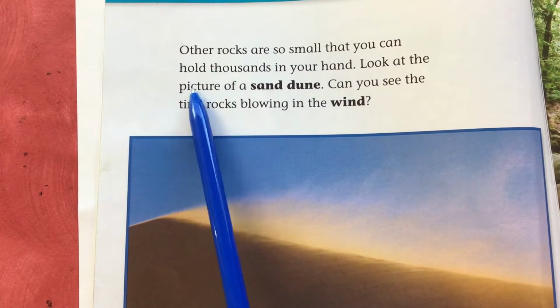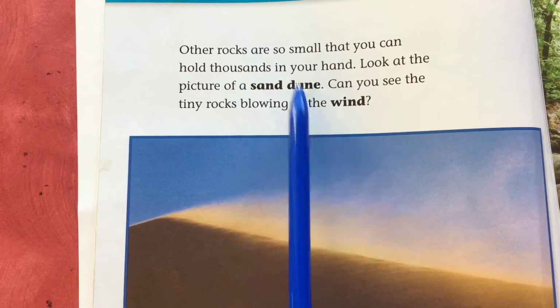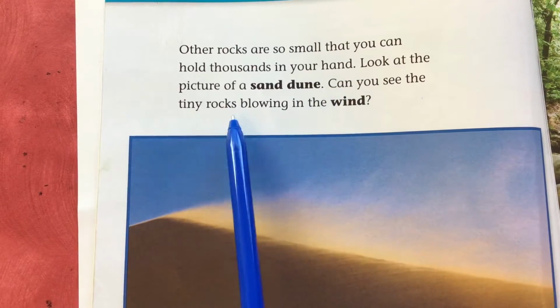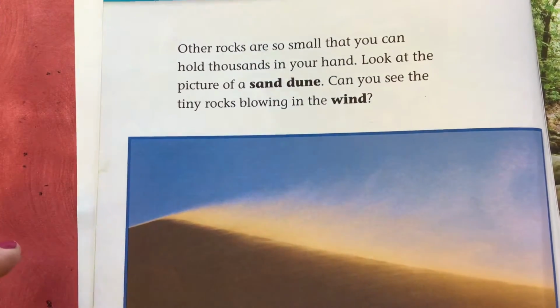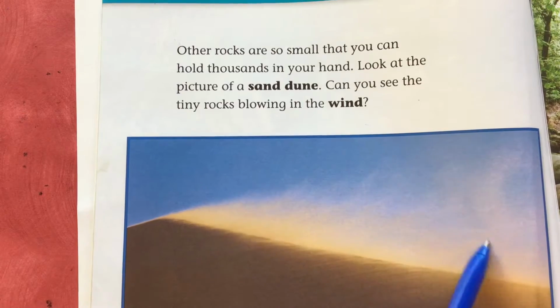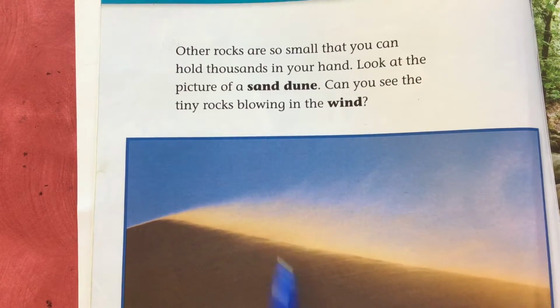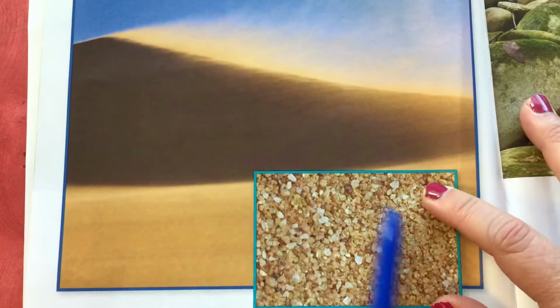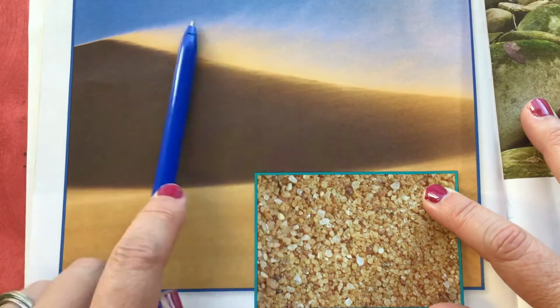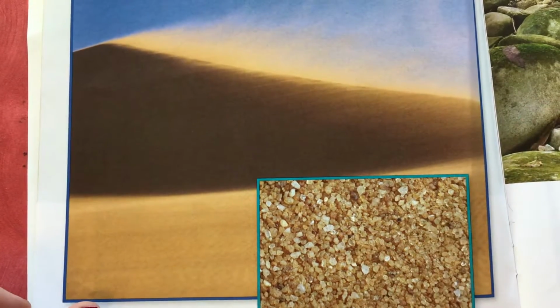Look at the picture of a sand dune. Can you see the tiny rocks blowing in the wind? So if you look here, this is where the wind is blowing. And it's actually these rocks that are blowing in the wind. And they're so tiny that you could hold 1,000 in your hand.